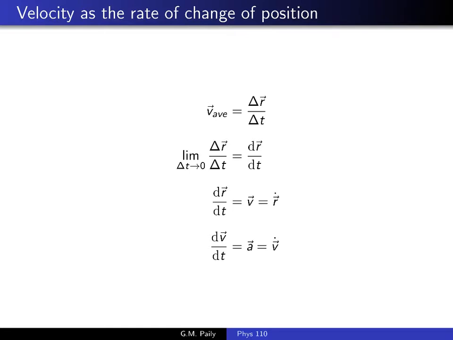Just as velocity is the rate of change of position, we can talk about the rate of change of velocity, and this is called acceleration. Once again, we can refer to acceleration as v dot, where the dot simply indicates a time derivative.